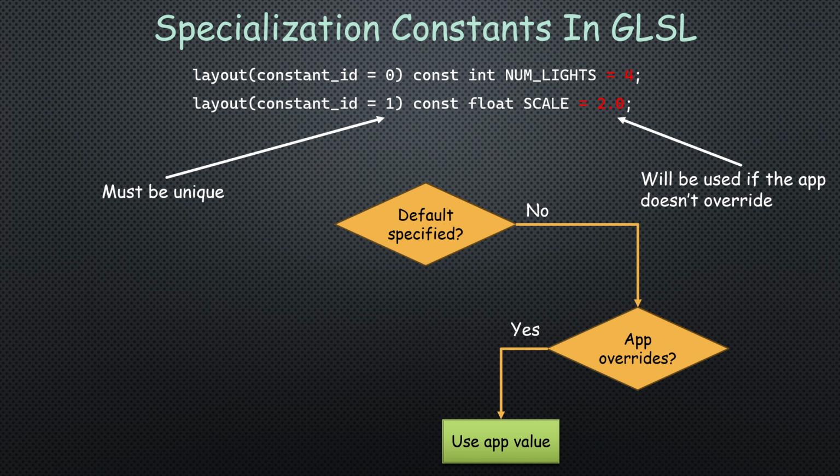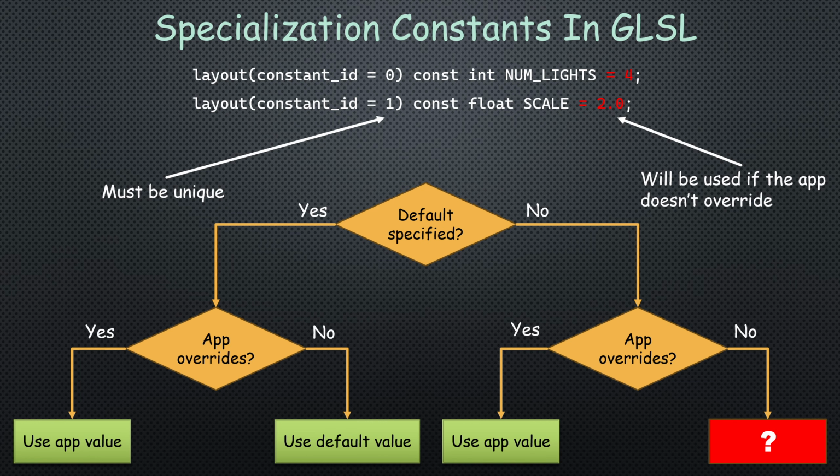Well, in that case, Vulkan expects you to provide a value during the creation of the pipeline object. What happens if you don't do that? In that case, the constant remains undefined, which can lead to failure in pipeline creation in the best case, and unpredictable behavior in the worst case. Bottom line, always provide the default value, unless you commit to providing one during pipeline creation.